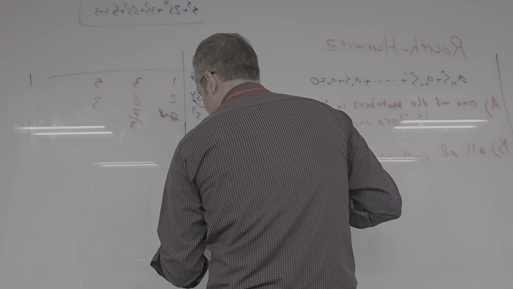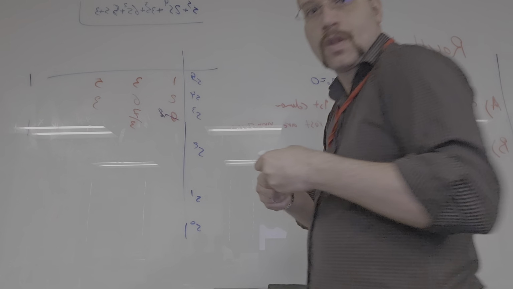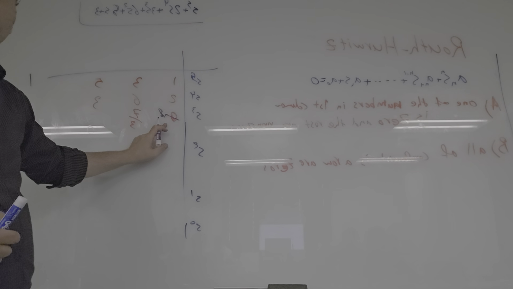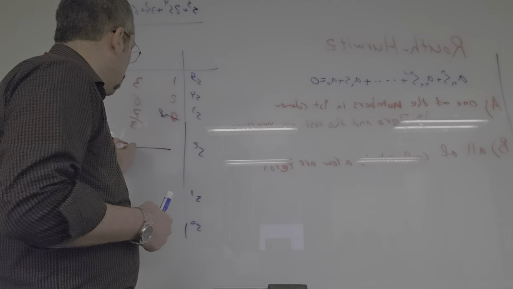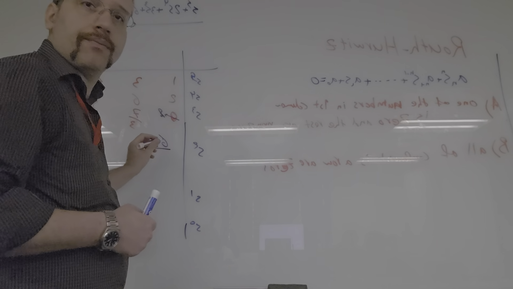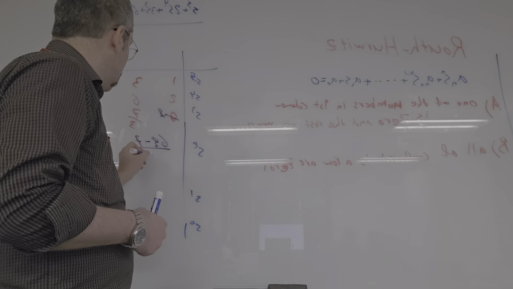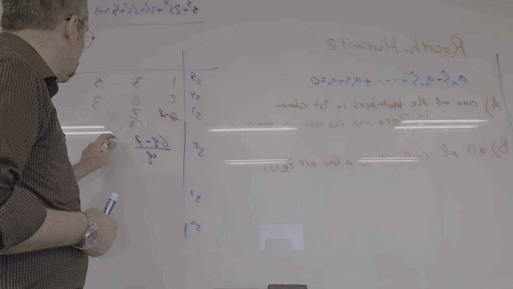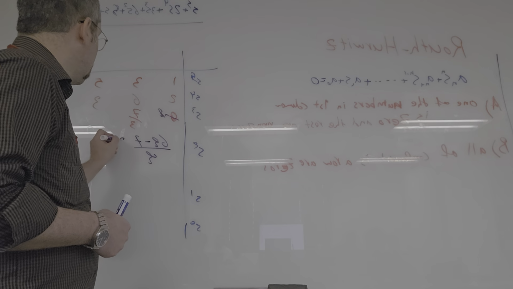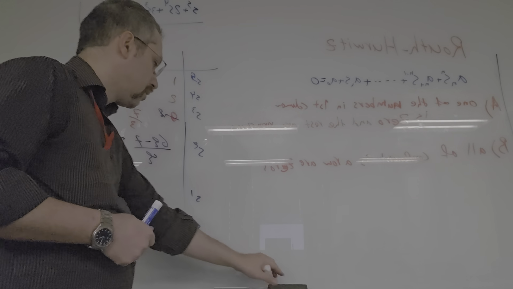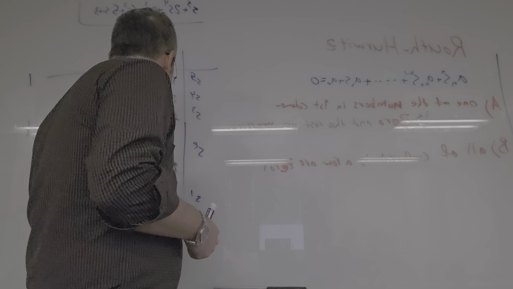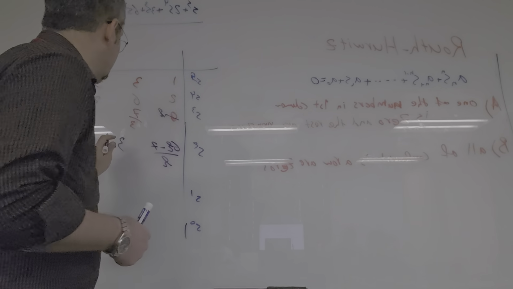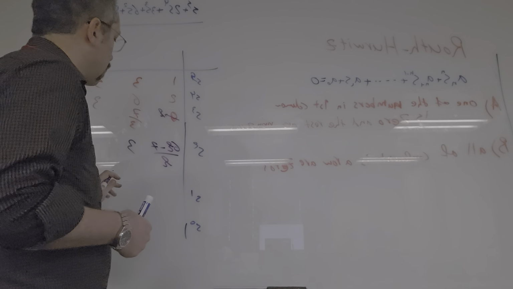S2, S1, and S0. Now, if you do the determinant based on epsilon, here we are going to have 6 times epsilon minus 7 over epsilon. And the next one becomes 3.